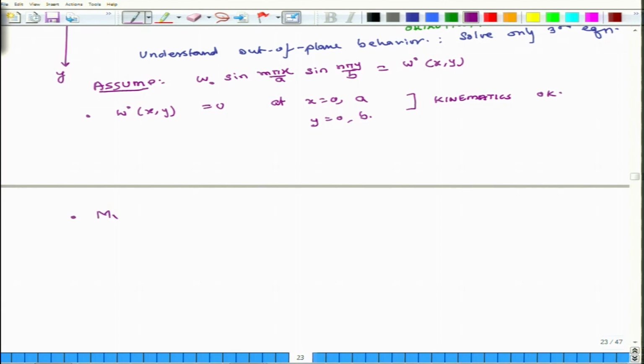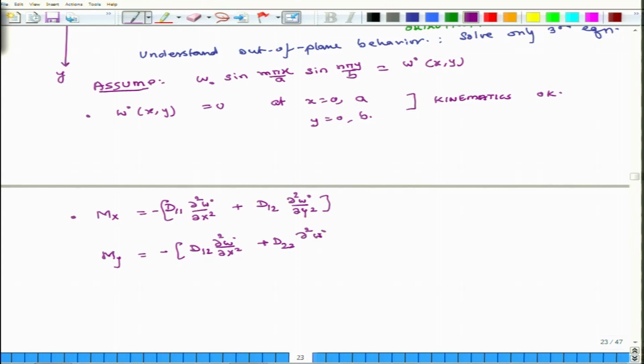So Mx is equal to minus D11 del 2 W naught over del x square plus D12 del 2 W naught over del y square, and My is equal to minus D12 del 2 W naught over del x square plus D22 del 2 W naught over del y square.